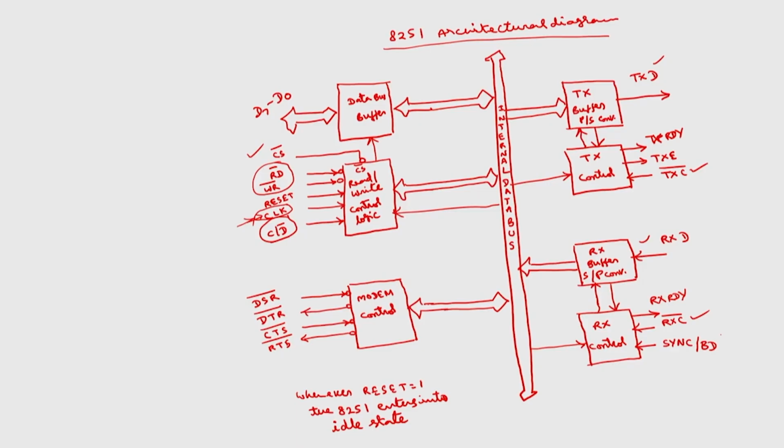If we go into some more details of read bar, write bar, C by D bar, this is the internal data bus. So, I am going to draw the detailed diagram of this C by D bar controller logic. This is the data bus buffer.